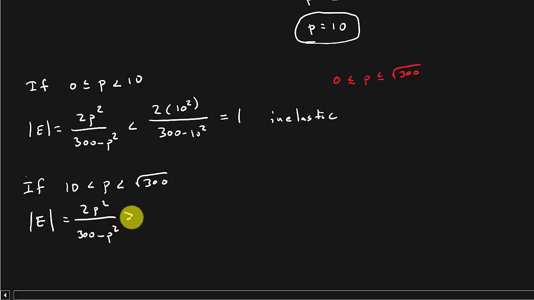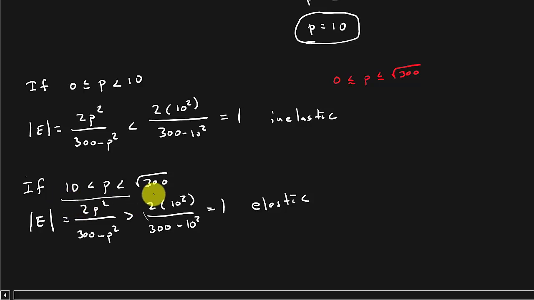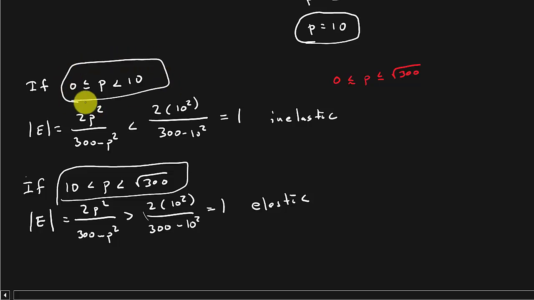If I plug in a number like 11, 12, 13, and so on, that's going to be greater than if I plug the 10 in, which gives me 1. If I plug one of these values in between 10 and square root of 300, not including those numbers, that's going to give me a value larger than 1. And so that means it would be elastic from 10 to square root of 300. Okay, so I guess this right here is what they were wanting you to find.